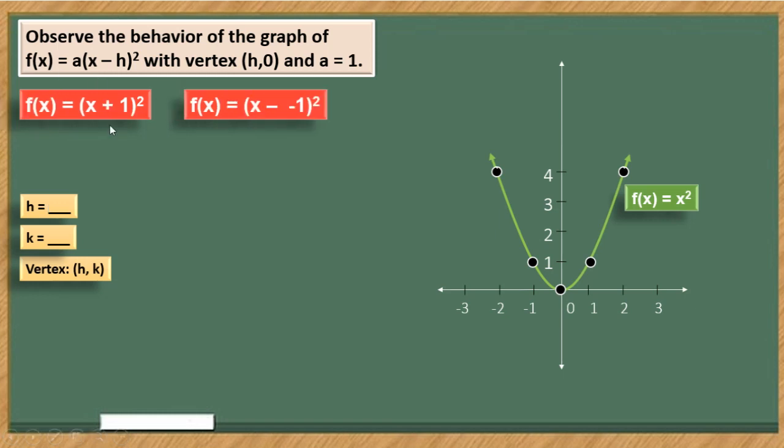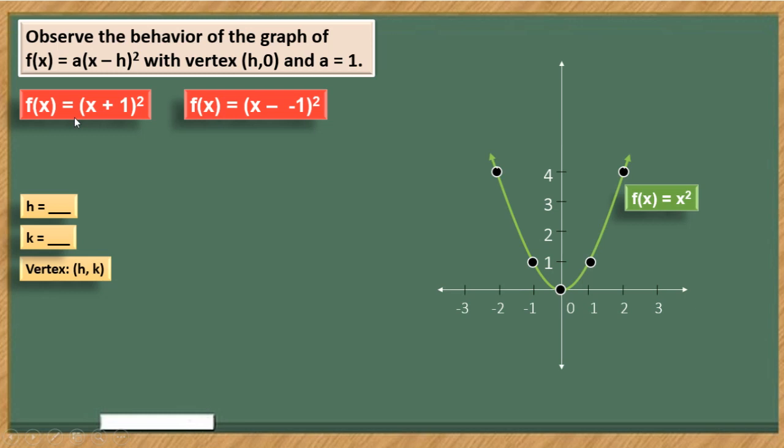Now, the square of the sum of x and 1 can be written as the square of the difference of x and negative 1.